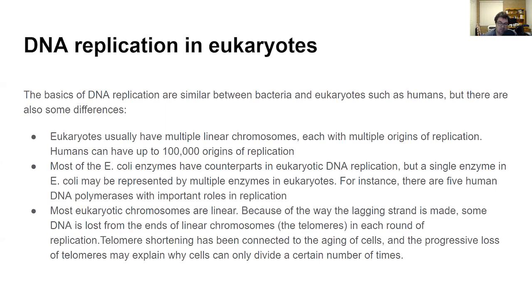Because most of our DNA is linear, by having the lagging strand, some of the DNA tends to be lost from the end of the chromosome. This is called the telomeres, when we replicate our DNA. The shortening of these sections of our DNA has been linked to aging as a multicellular organism.